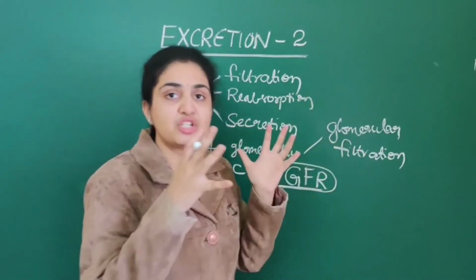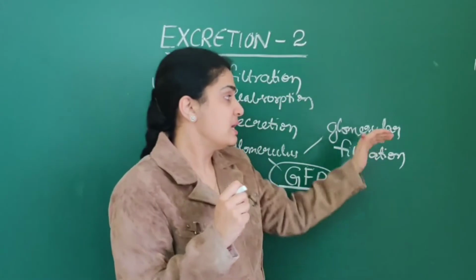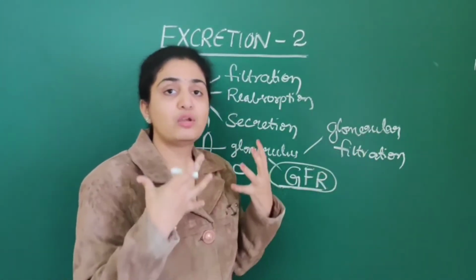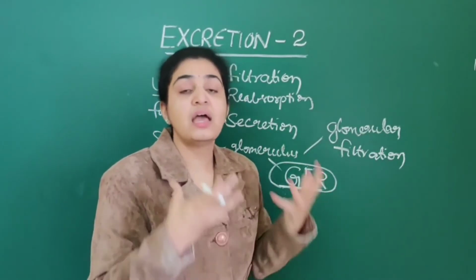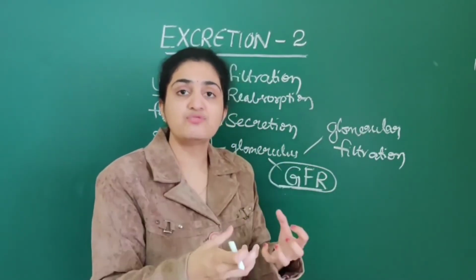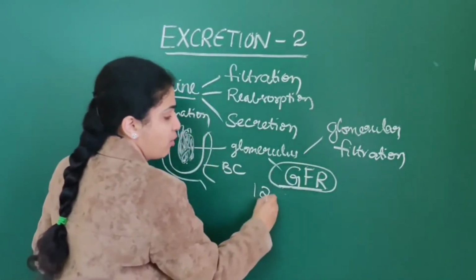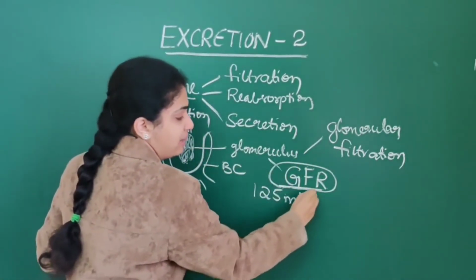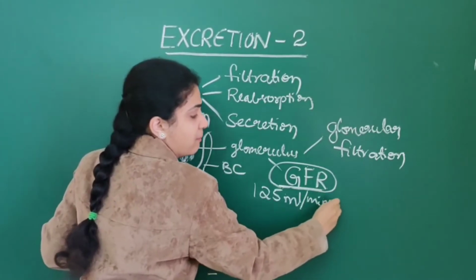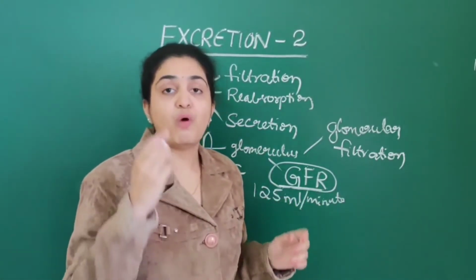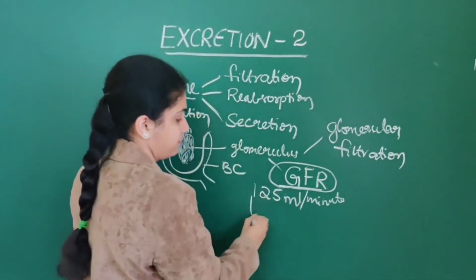Normally the filtration which takes place in the glomerulus is called glomerular filtration, and the glomerular filtration rate means the amount of filtrate that is formed by the kidneys per minute. And it is about 125 ml per minute, or 180 liters per day.